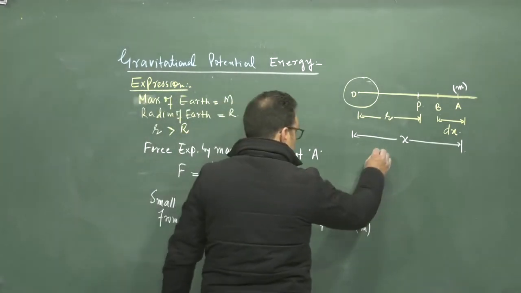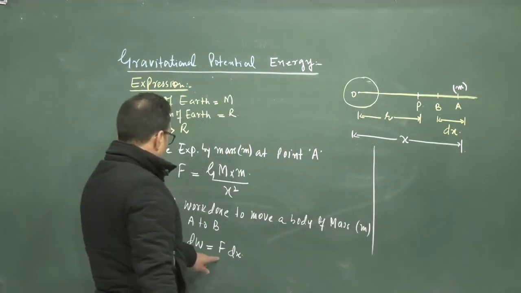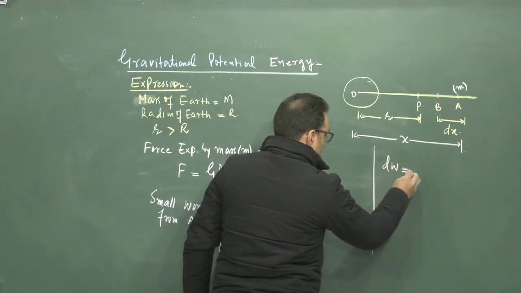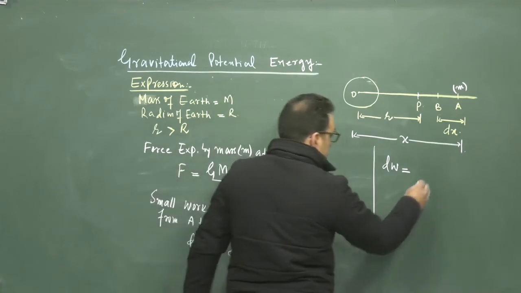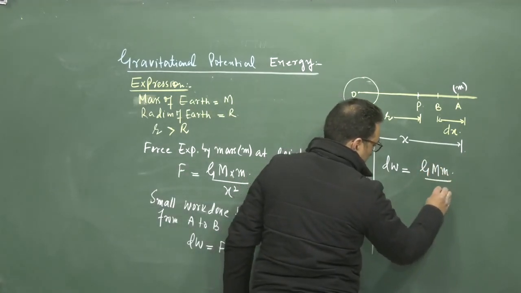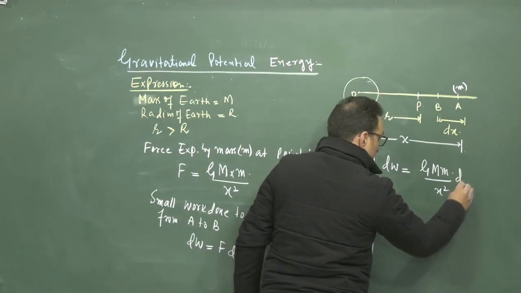Now, replacing this F by G capital M small m by x square into dx.